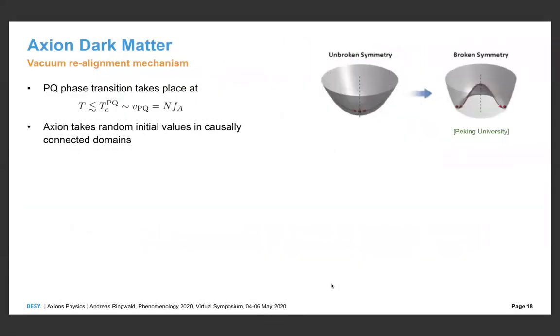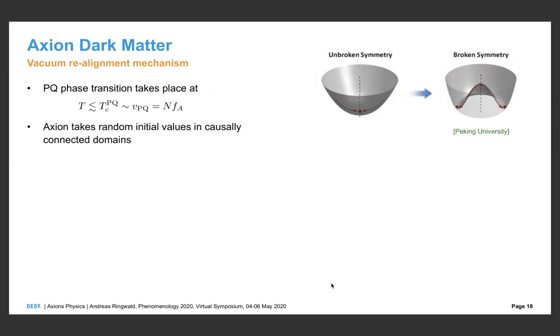The axion was initially invented by Peccei and Quinn in a particular model where the decay constant was of the weak scale.